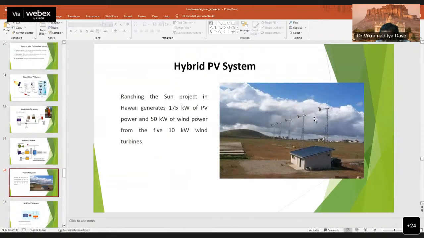For example, in this picture you can see a 10 kilowatt wind plant. Then on the rooftop of the house there is a solar photovoltaic plant. So both are mixing their energy, and thereby feeding it to the house or any farmland. So this is called a hybrid PV system.